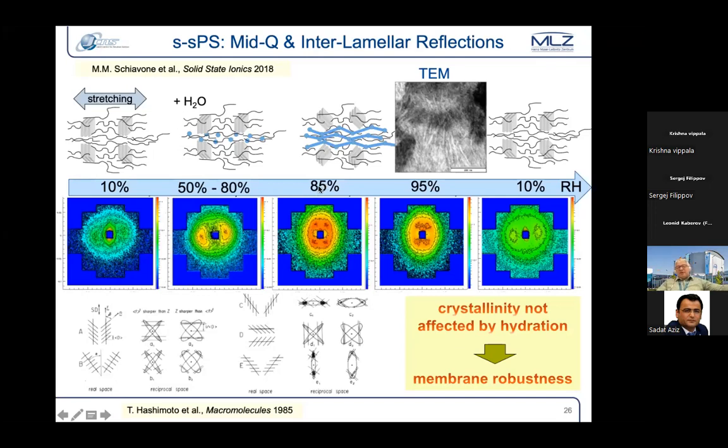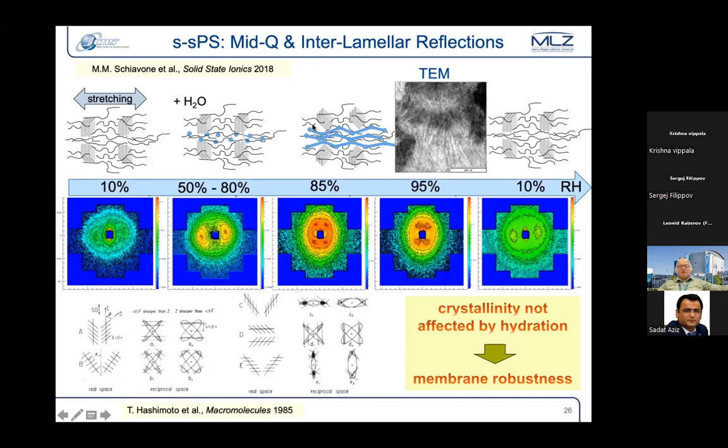Increasing the relative humidity further, the peak splits into 4 peaks, and then at very high humidity we see this butterfly-like or 4-point scattering pattern, which is typical for crystalline morphologies in a deformed state. These were studied by Hashimoto's group early in the 80s, and you can see that by tilting the lamellar stacks, we can obtain this 4-point scattering pattern.